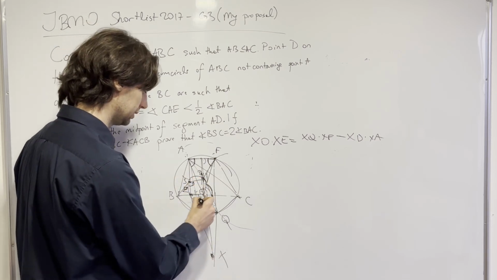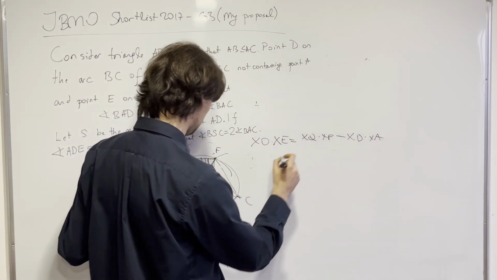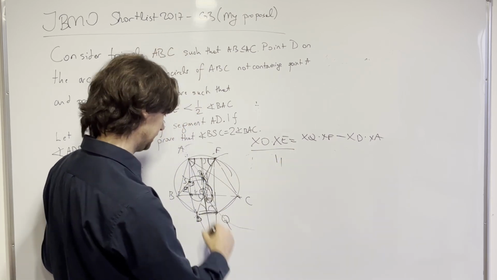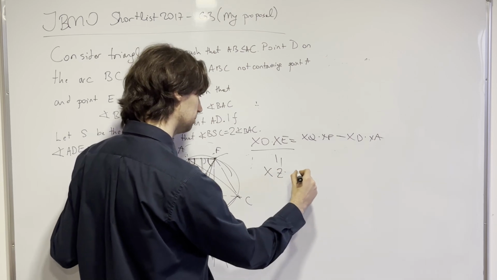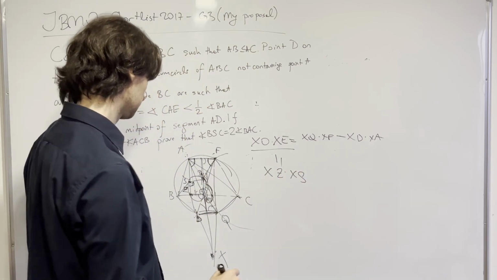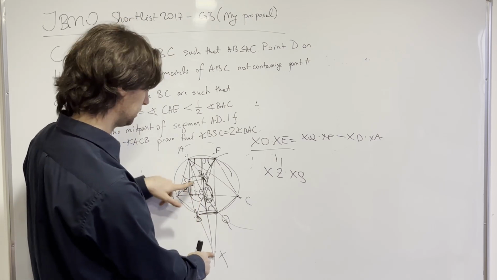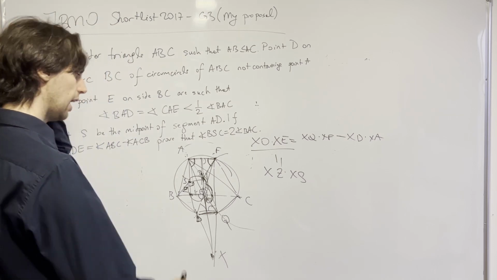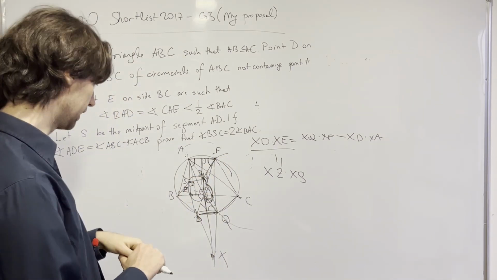So these 4 points are on the same circle. And then I have that XO times XE is also equal to XZ times XS. So I have these 4 points are also going to be concyclic.